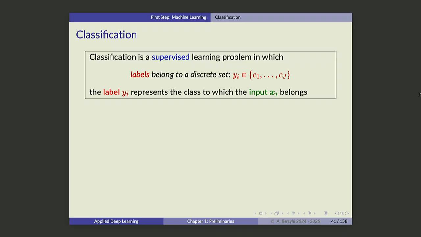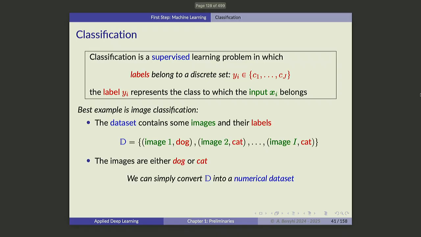Now, every single data sample has its own class or its own label, and a typical data set that you're going to have is going to be of this form. For instance, when we think about the image classification problem, which is one of the first problems we consider in machine learning, it is of this form.